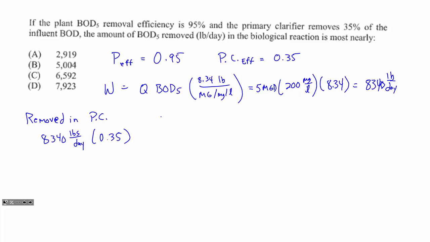Let's look at how much is going to be, if we have 35% removed, that means 65% is going to be moving on to the activated sludge process. So we can say 1 minus 0.35. We'll call this going to activated sludge.